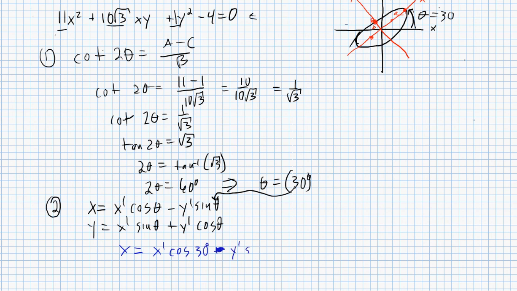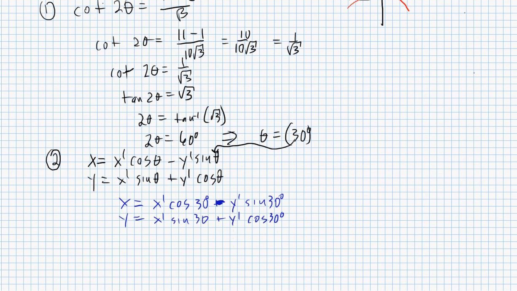Now all we need to do is know the sine and the cosine of 30, and that will give us our formula.